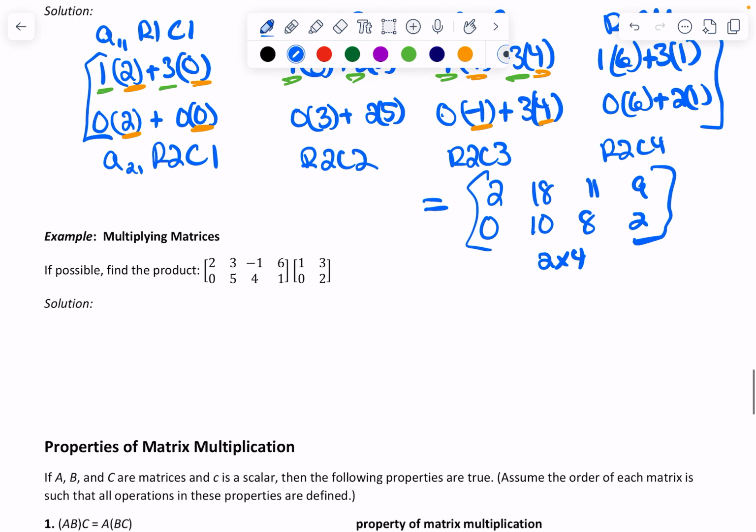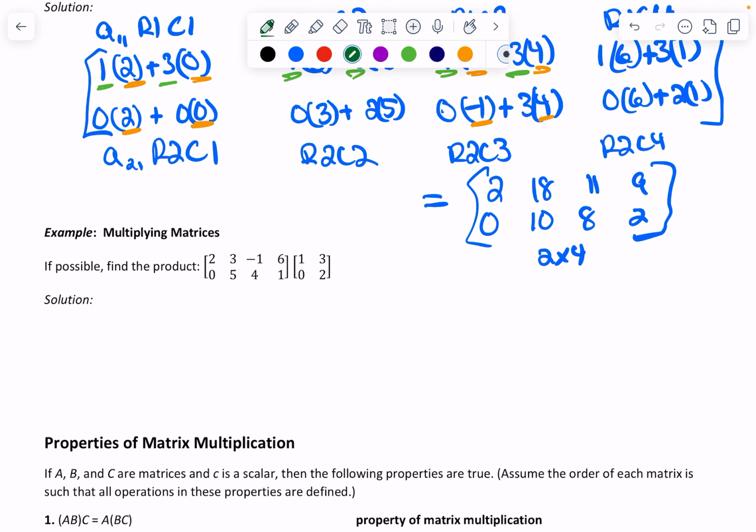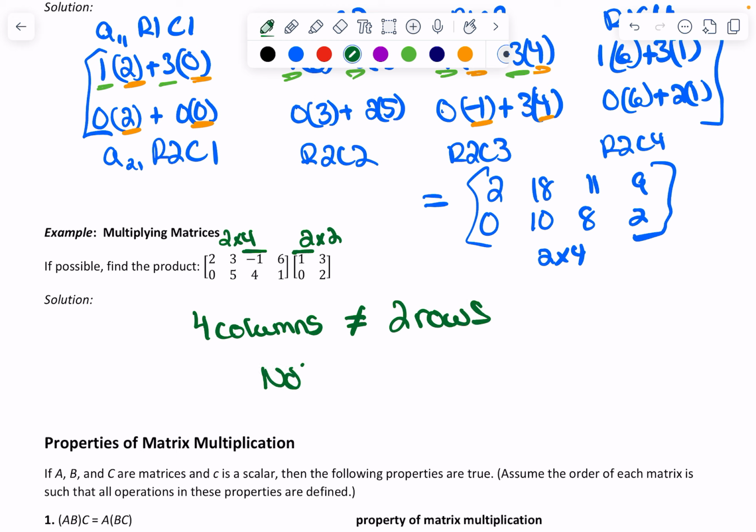Okay, let's look at this next one. So this matrix is 2 by 4, and this matrix is 2 by 2. Well, 4 and 2, so we've got 4 columns. That does not equal 2 rows. So this is not possible.